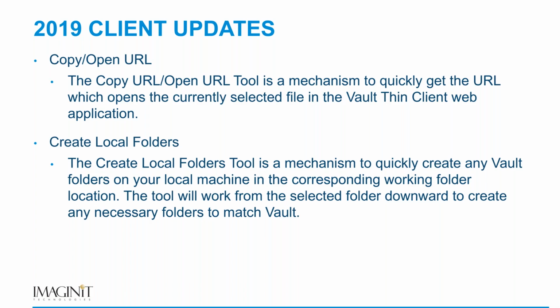That way we're making sure the folders have the same structure, they're named the same thing, when we're saving files locally. For example, we don't have somebody creating a folder locally called projects, but in Vault it's project singular, and now we're checking in a brand new folder structure. So this is a great enhancement that we did a while back to help eliminate issues like that.